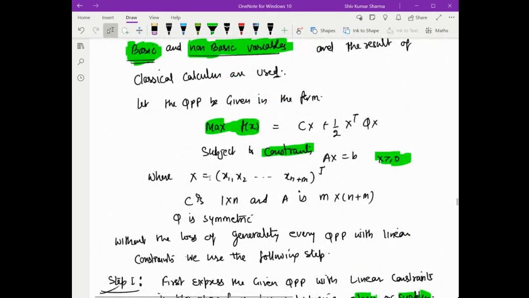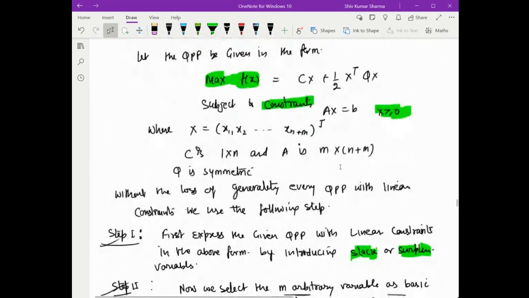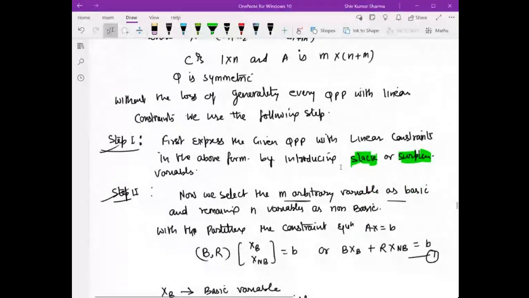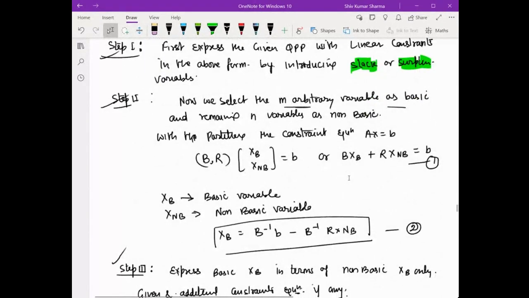So this is our basic setup, that means the objective function and the constraints in the quadratic programming problem. We add a slack or surplus variable to make the inequality an equation, and we make two forms, basic variable and non-basic variable.